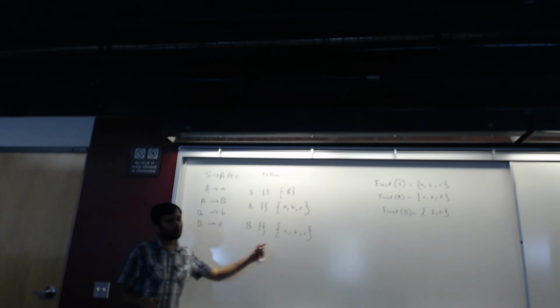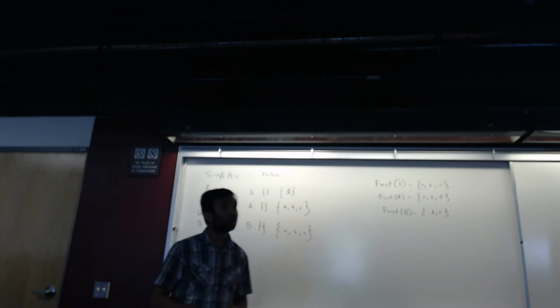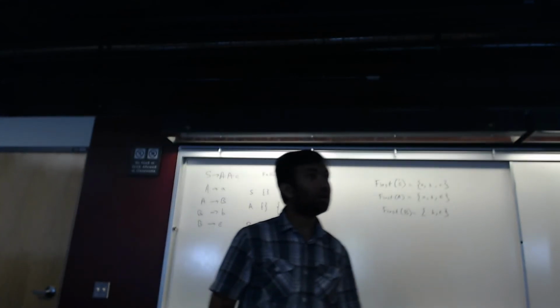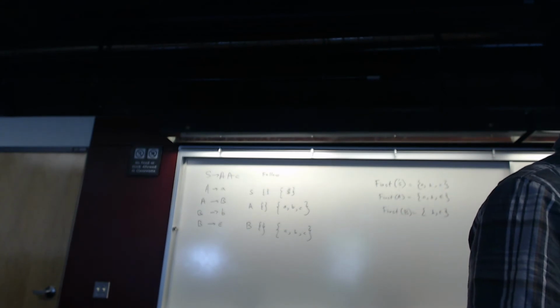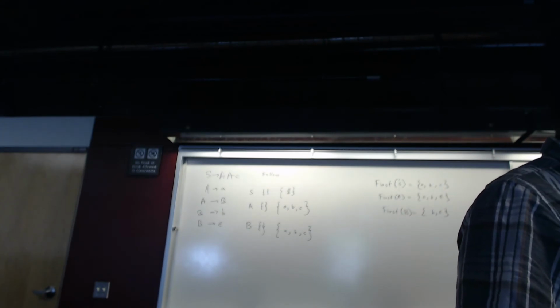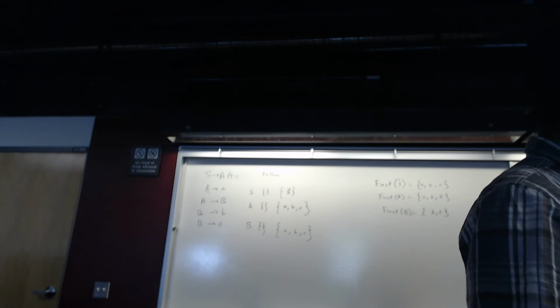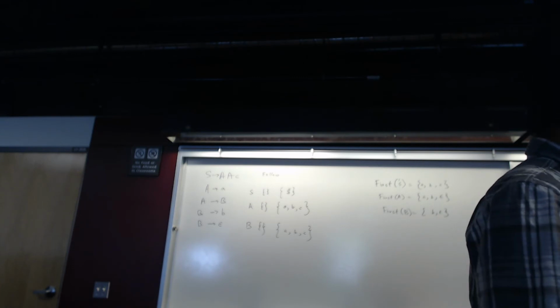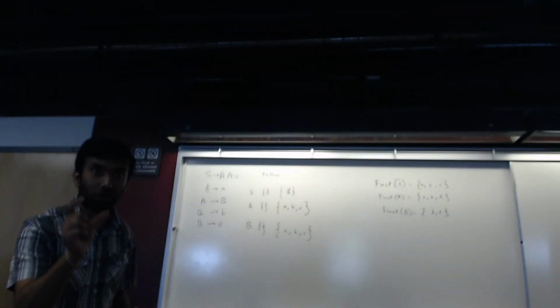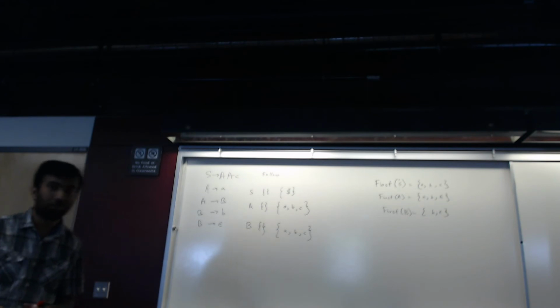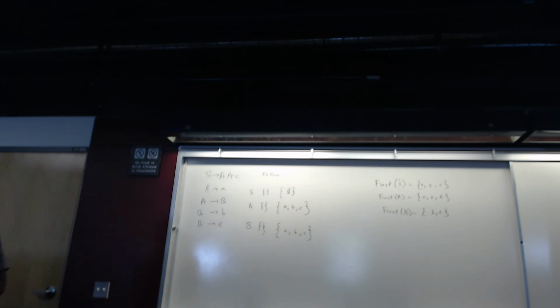A, B, C are already added. The end of file can only be added by rule 1 or 2. Rule 1 we cannot use because B is not the start symbol. Can you use rule 2? So that's why we only checked rule 2. That's how we took a shortcut.